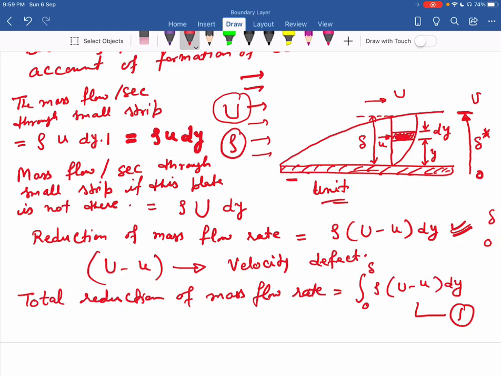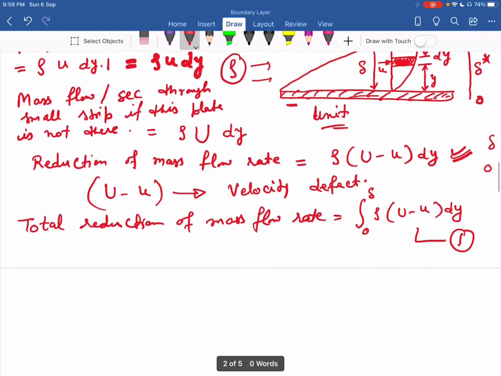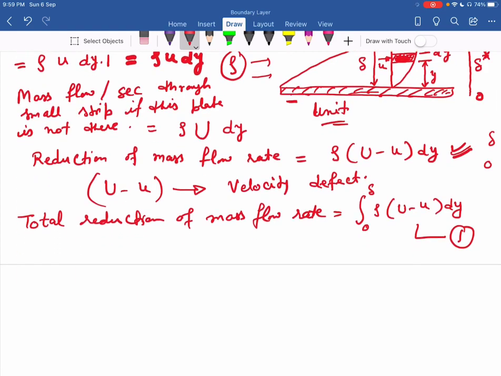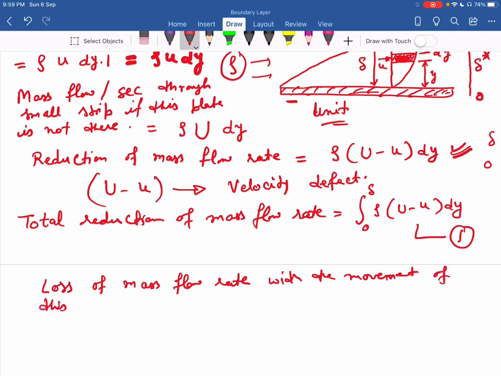When I move this plate in the upward direction, there is again a reduction of mass flow rate. I can write the loss of mass flow rate with the movement of this plate in the y direction by distance delta star as rho U delta star.